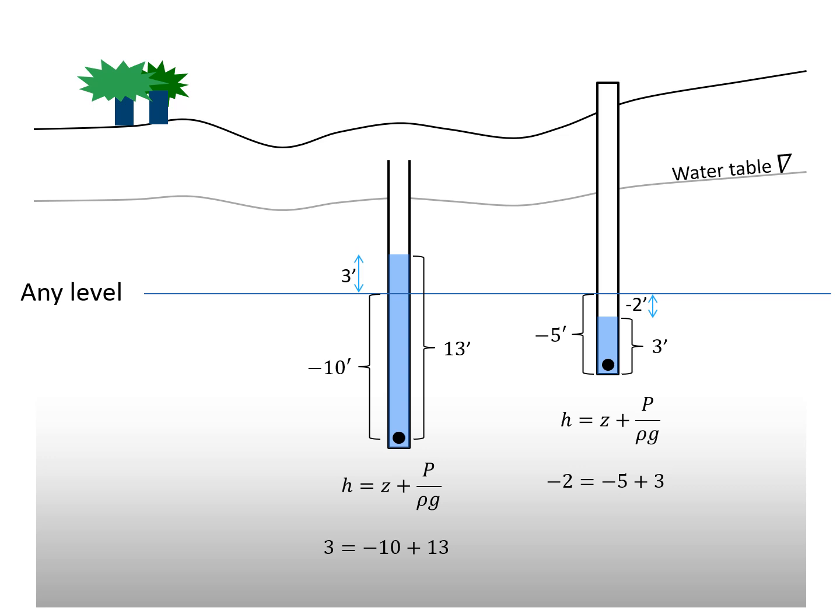So on the left, we have that the total head of 3 feet is equal to the sum of the elevation head, negative 10 feet, and the pressure head, which is equal to the height of the column of water, 13 feet. And on the right, we have the result that the total head, negative 2 feet, is equal to the sum of the elevation head, negative 5 feet, plus the pressure head, 3 feet. Notice on the right that both the total head and the elevation head are located below the datum, so they must be negative numbers.